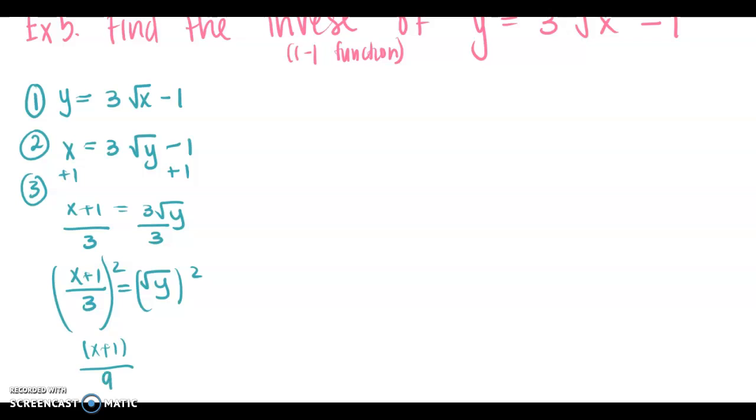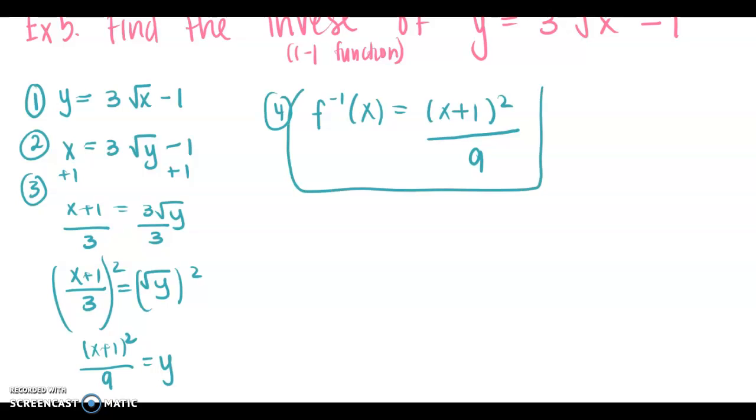And then 3 squared is 9, so I'm going to say 9. And then lastly, our last step is to replace that y with f inverse of x. And that would be our answer.